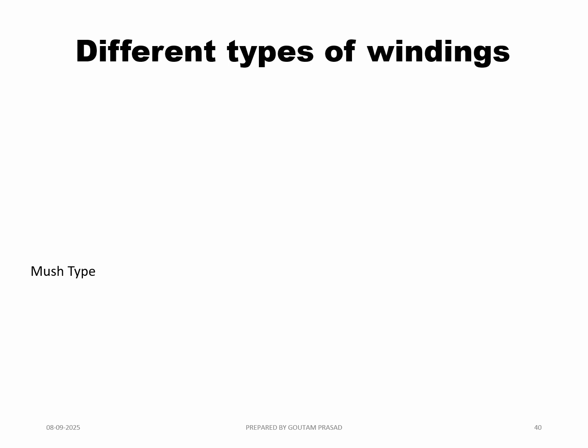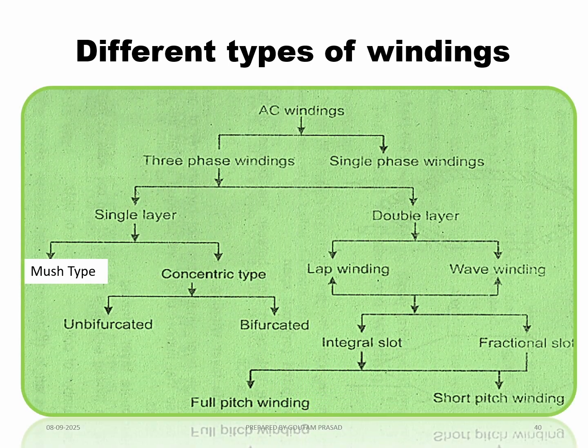So, different types of windings have been discussed in this slide. AC winding is of two types: three-phase AC winding and single-phase AC winding. And now, single-phase and three-phase AC winding is of two types: single layer and double layer. Single layer could be of mush type or concentric type, and concentric type could be unbifurcated or bifurcated.